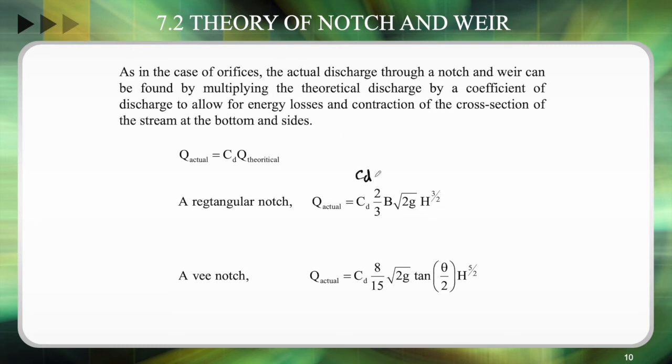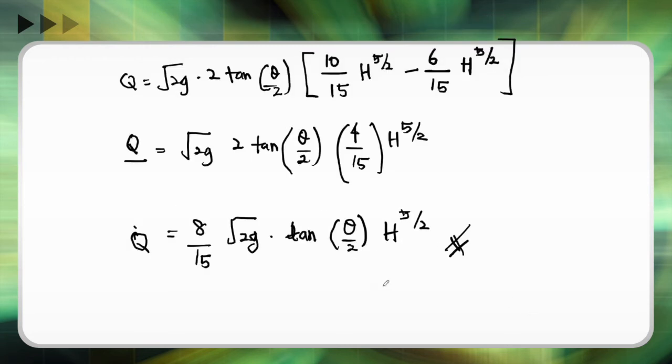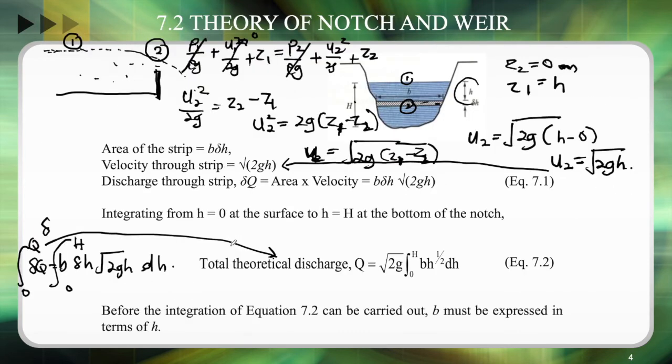From the previous equation, CD times Q theoretical, then you will get Q actual. The same goes with this one: you have to multiply CD with Q theoretical. When you calculate by using this formula, you are actually calculating the theoretical discharge. The same goes with this equation.